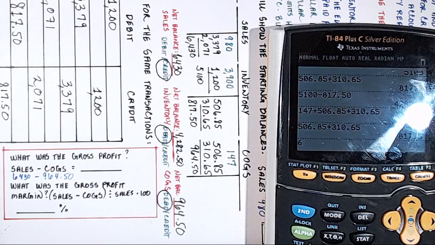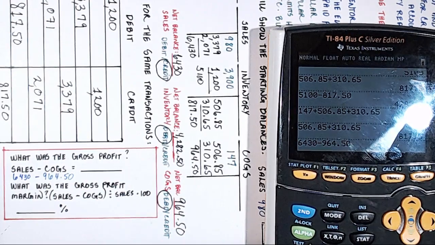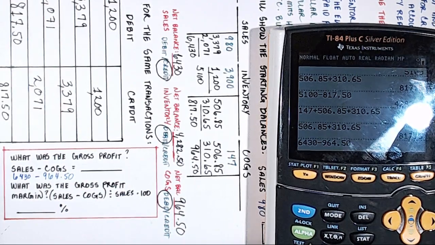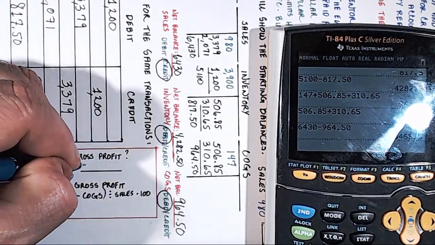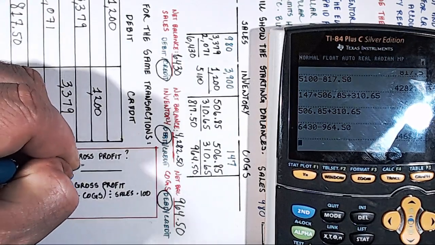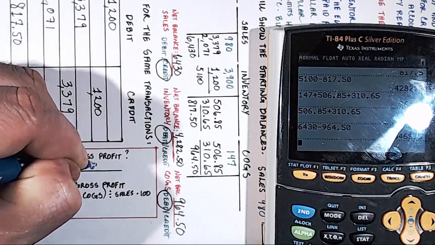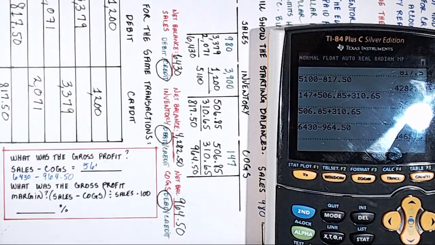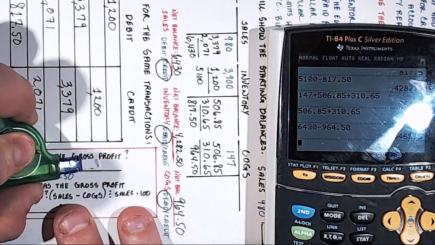Okay, so $6,430 minus $964.50 equals 5,465.50.